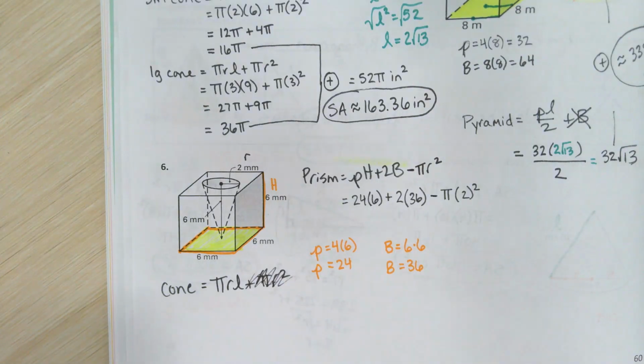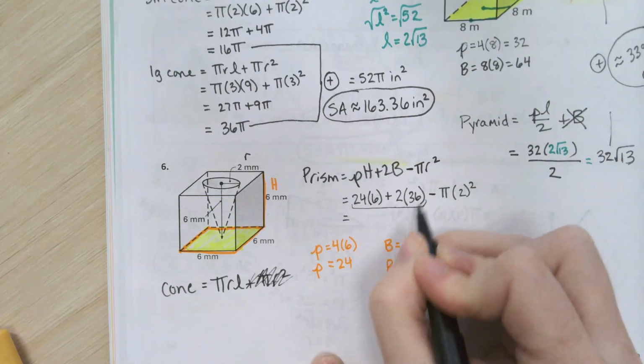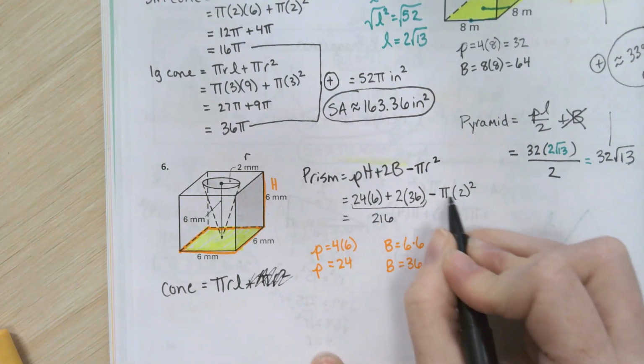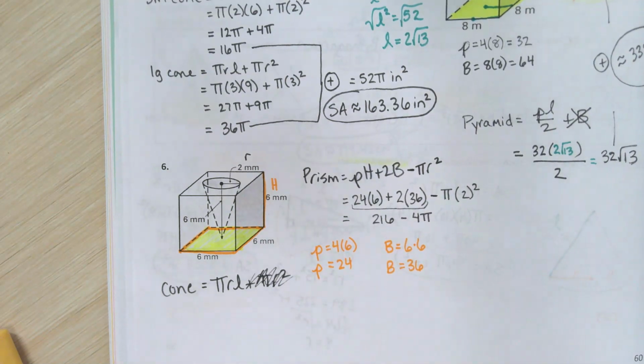The 24 and the 6 can be multiplied and added to the 2 times 36 part of this. So these will all combine together to be 216. But this I'm going to leave subtracted off the end so that I can keep that answer exact for as long as possible.